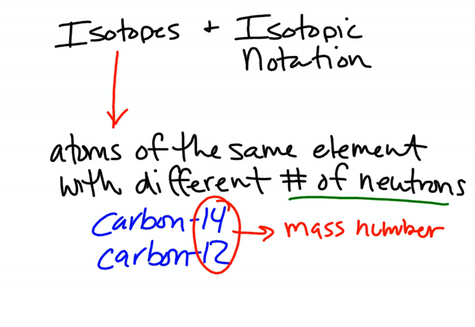Now the mass number is the number of protons plus the number of neutrons, what we call the nucleons. Both protons and neutrons are found in the nucleus, so we call them collectively nucleons. So the nucleon number, or the mass number, is indicated by this number after the name of the element. So carbon-14, carbon-12.